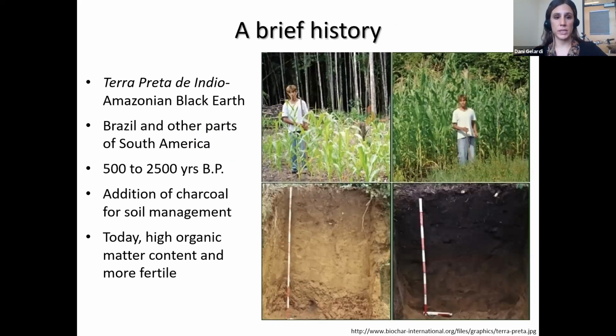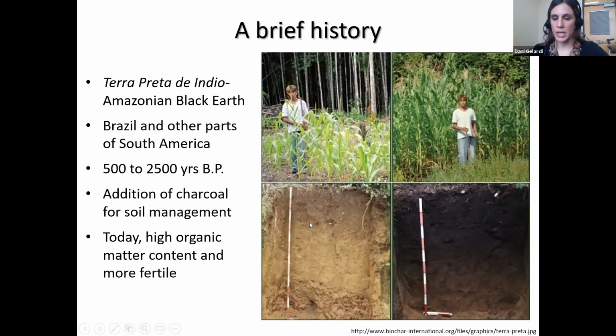So one of the reasons that scientists really started studying this was inspired by the soils that are found throughout Brazil and other parts of South America called Terra Preta de Indio, or Amazonian black earth. And what you find there is these really, really rich, dark soils where indigenous people had been adding charcoal to soils for over hundreds of years for agricultural management. And so generally in forest soils, you have these very acidic, very infertile systems that are quite hard to grow crops in.